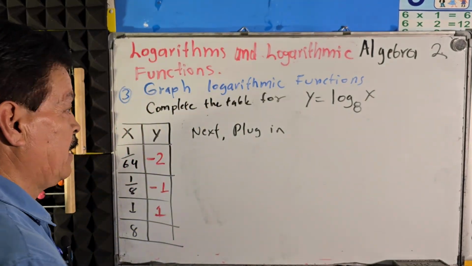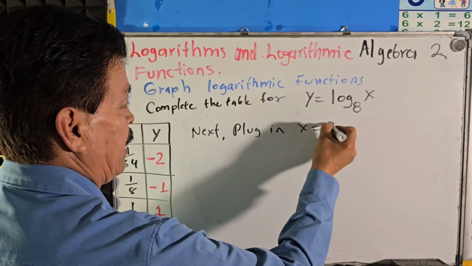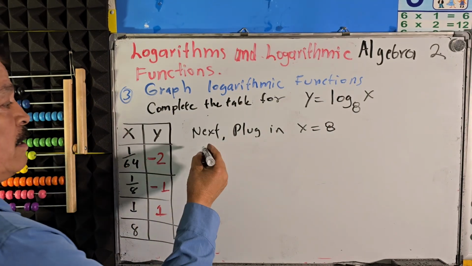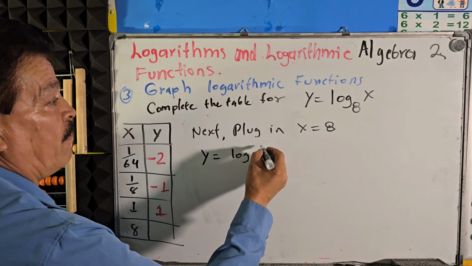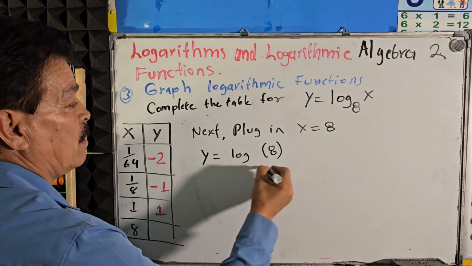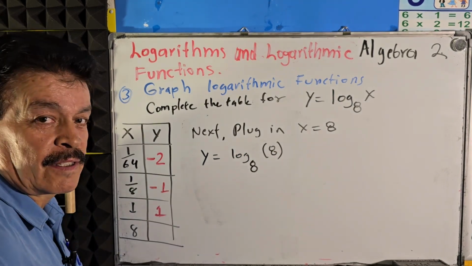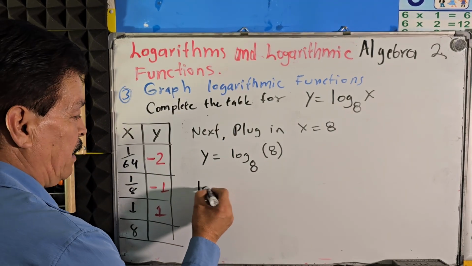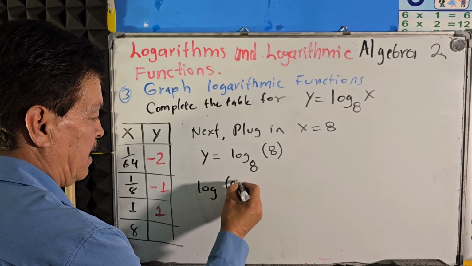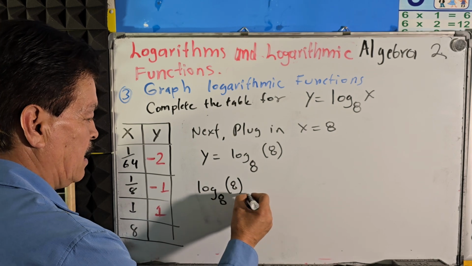Next one, plug it in. x equals 8. We have 8. Our formula: y equals log of 8 with the base 8. All right. So now let me explain it.